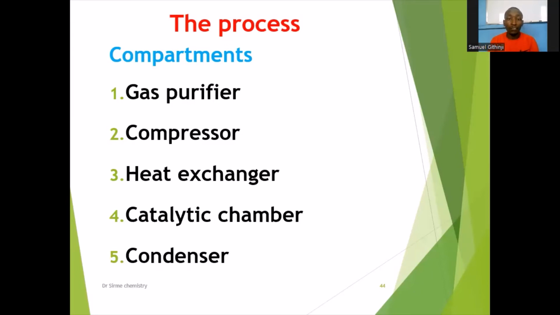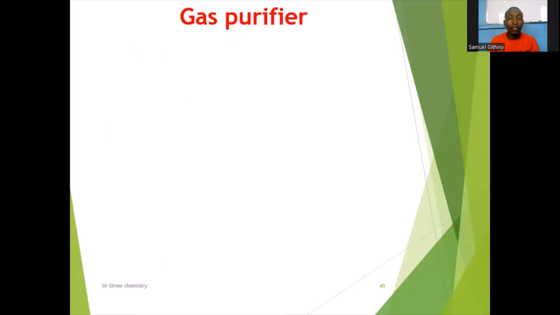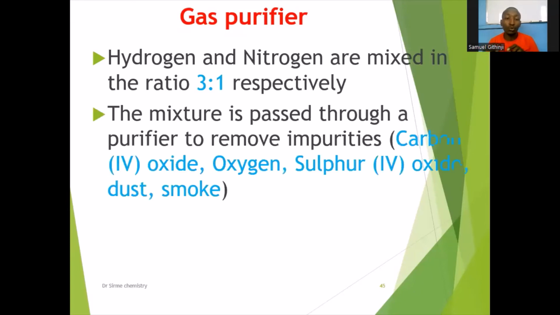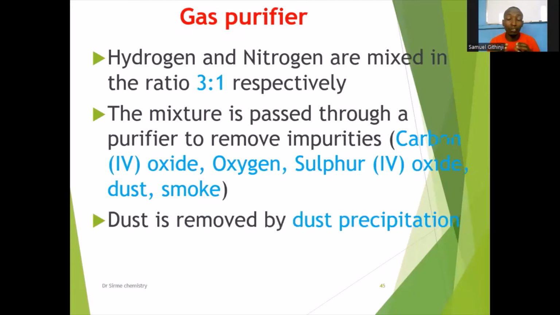The first one, we talk about the gas purifier. Nitrogen and hydrogen are mixed in the ratio of 3:1, that is hydrogen and nitrogen, 3:1 in that order. Then they are passed through the gas purifier. The method that we use there, like we did before, is called dust precipitation.